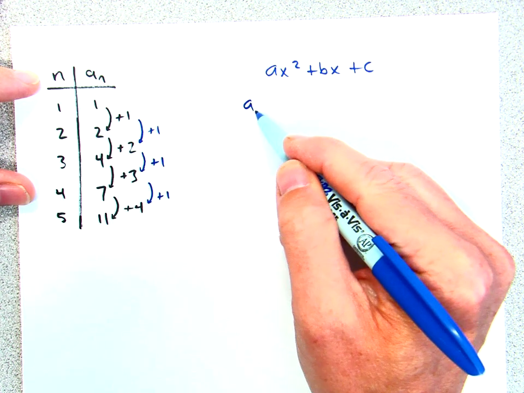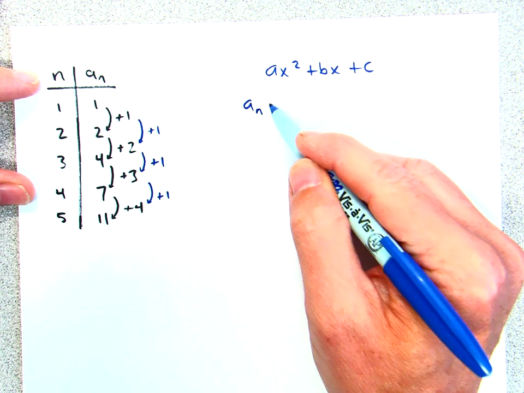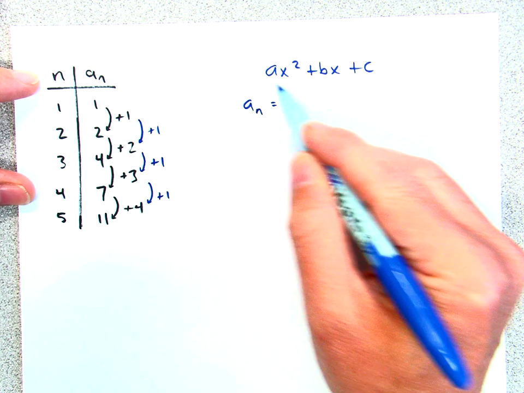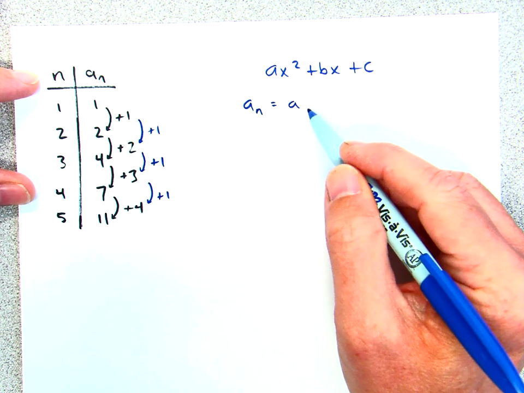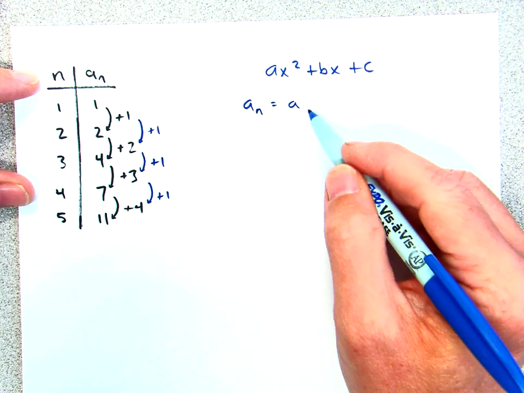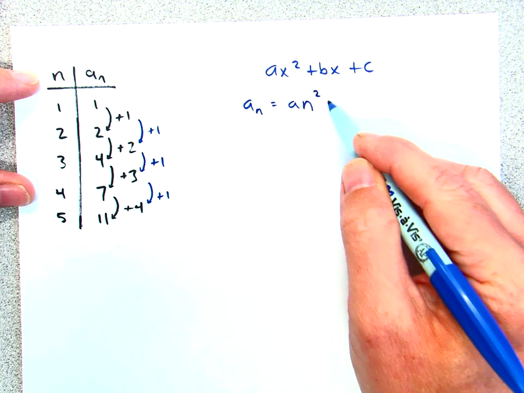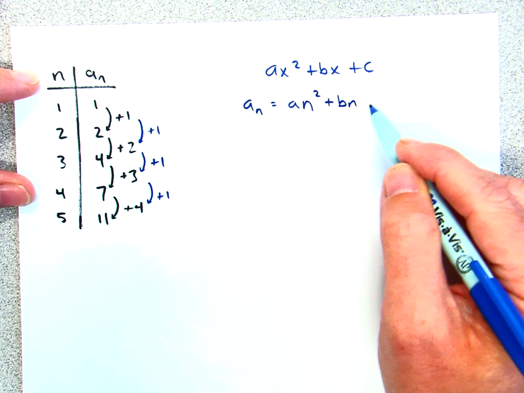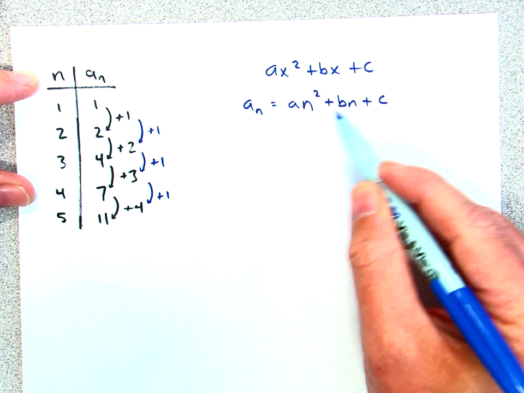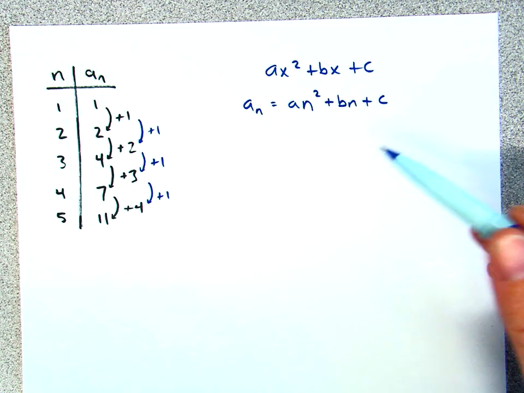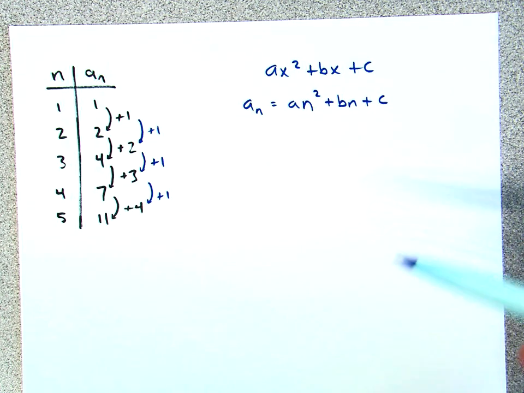So we would get the number of blocks in a specific term. I'm going to still use a, b, and c as coefficients or constant values. So we can say a sub n equals a n squared plus b n plus c. Right? So our goal is to figure out what a, b, and c need to be to create this formula that will allow us to find any term that we're interested in.